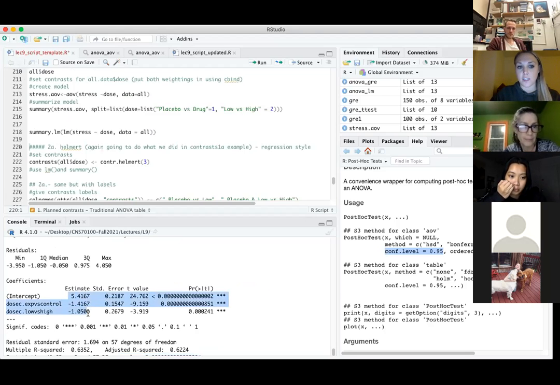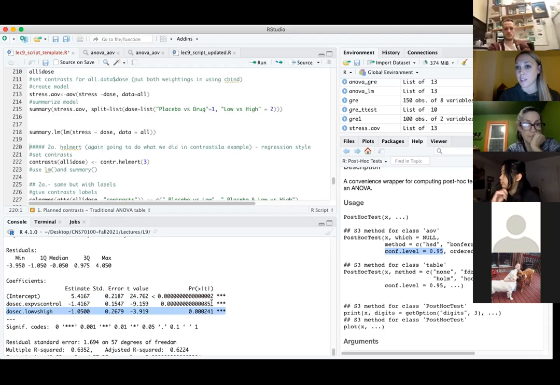But this changes these to now be relative to the contrast coding that you put in. So now you can see your dose experimental versus control is this p-value, your dose low versus high is this p-value. You can again see the overall conclusion is still going to be the same. Okay.